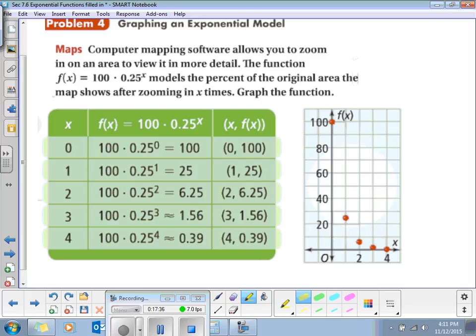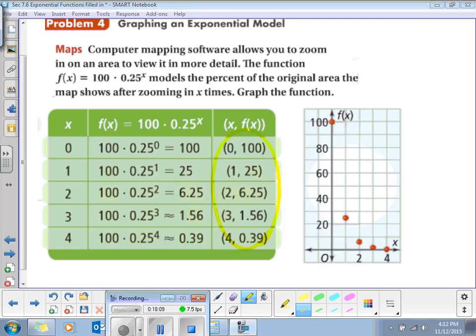So again, here we substituted our x values. The reason why we only have positives here is because in a real life situation, you cannot zoom negative times. So we substitute in, we get our y values, and then we plot the points.